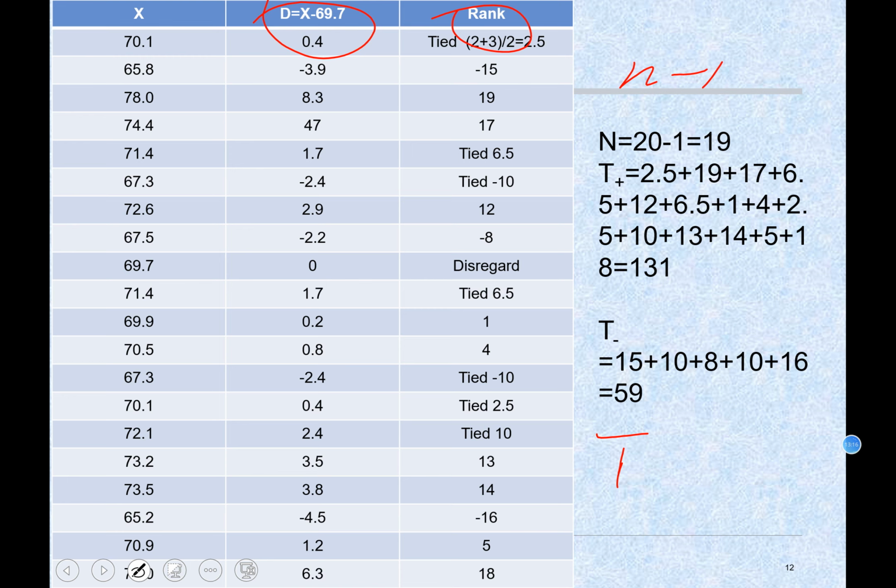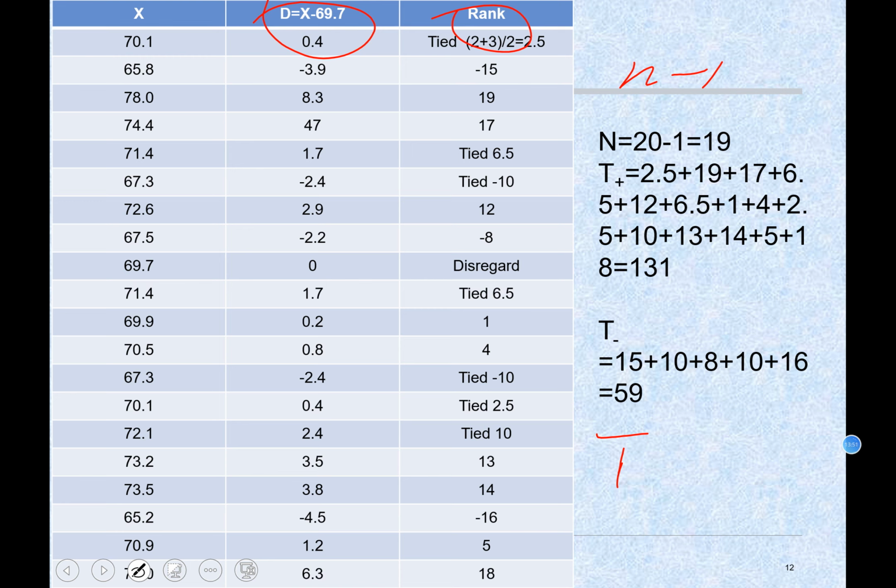The next one, when we order the numbers, we arrange the differences in order of magnitude, ignoring signs. But after that, we need to attach the signs of the original differences to the ranks. When we calculate the test statistic, we sum all positive ranks and sum all negative ranks.